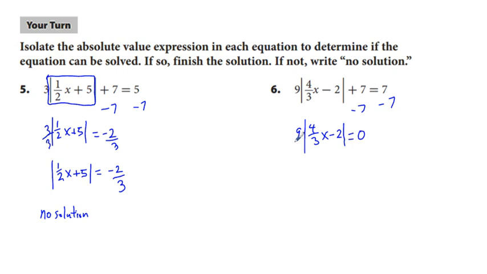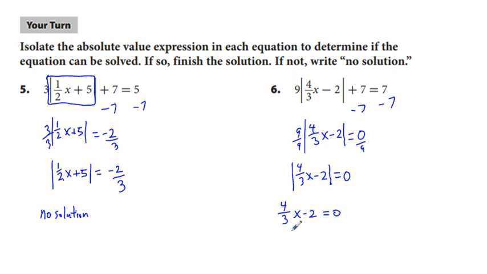And then dividing by 9, we get absolute value of 4/3 x minus 2 is equal to 0. And now we can just go outside of the absolute value, since we have 0, so we just have the equation 4/3 x minus 2 is equal to 0.